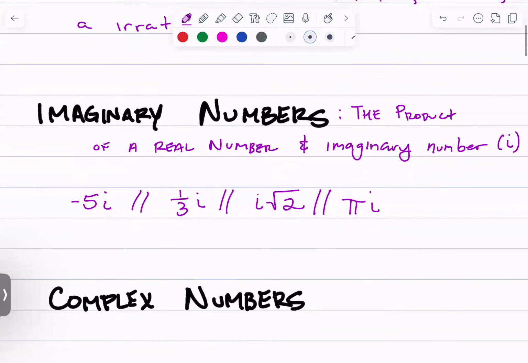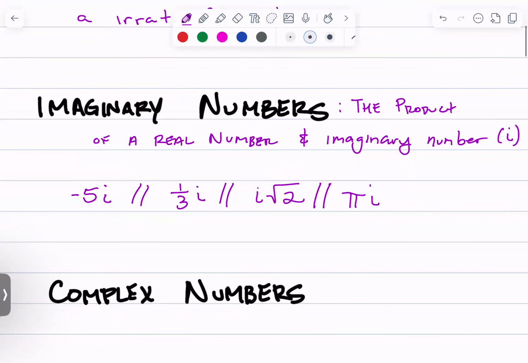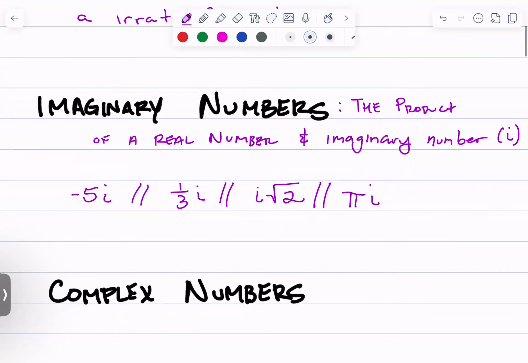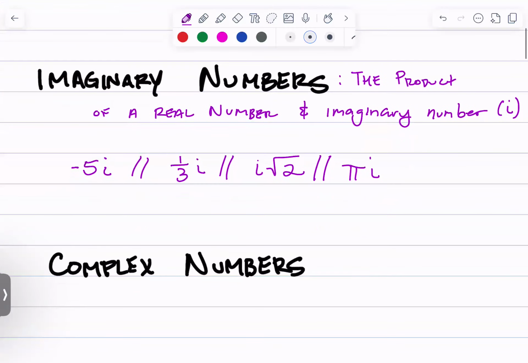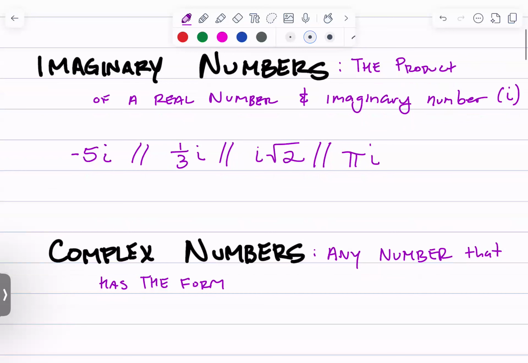So what a complex number is, and that's what we're on today. What a complex number is, is any number that has the form a plus or minus bi.